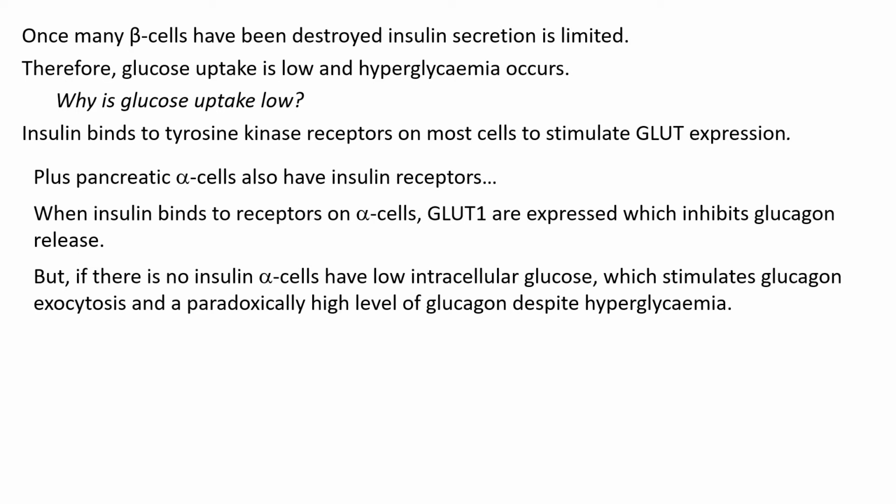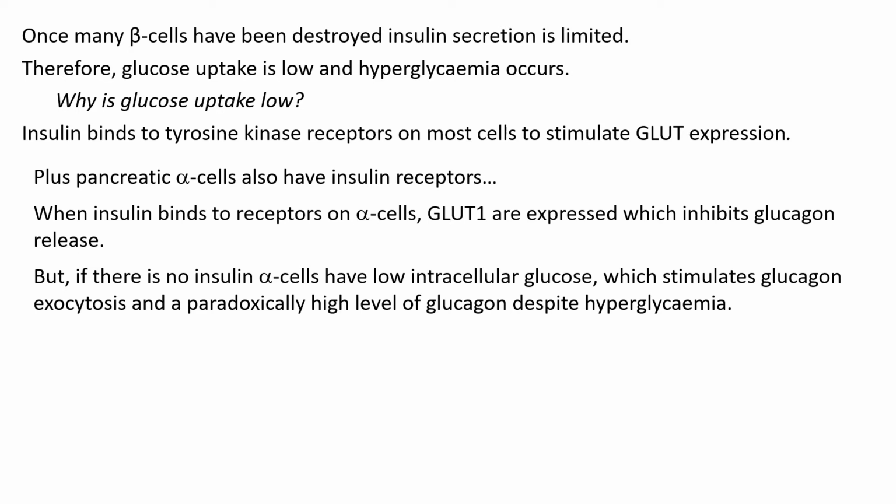if glucose gets into the alpha cells, then it inhibits glucagon release. But in this case, the insulin is not being released, therefore it cannot bind to the alpha cells, therefore the GLUT cannot be expressed. The alpha cell's mechanism, of course, is going to have low ATP.